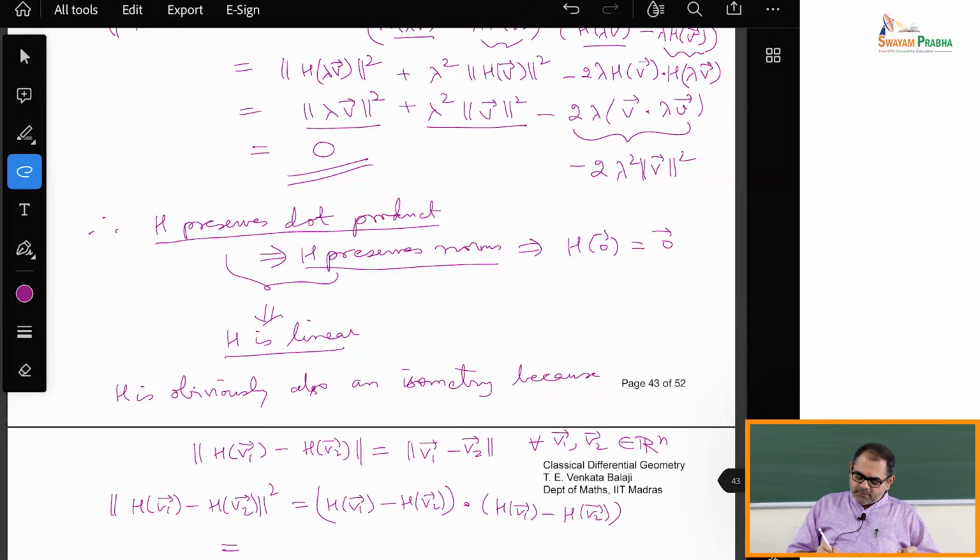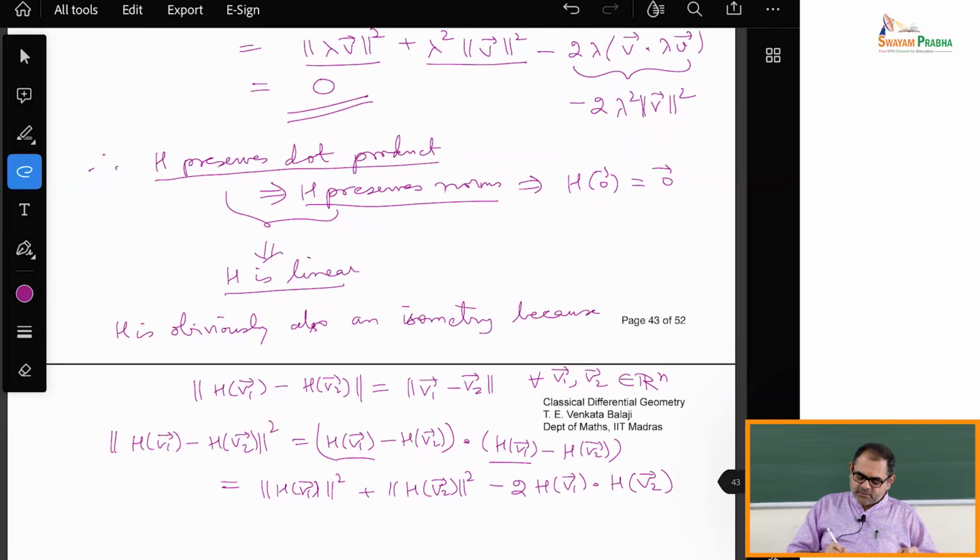Okay, and this is going to be, if I take dot products, I will get norm HV1 squared, then I'll get norm HV2 squared minus 2 HV1 dot HV2.